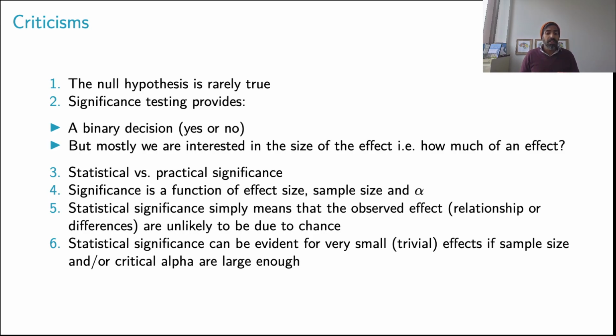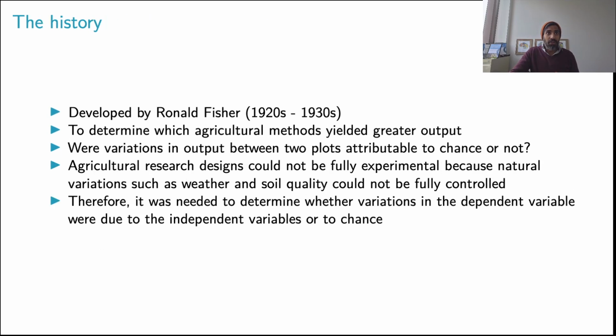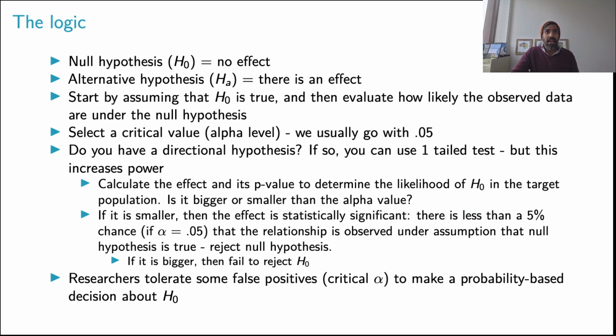The first is that significance testing doesn't tell you anything about the alternative hypothesis. The alternative hypothesis is that there is an effect. But when you're doing significance testing, there are two options. One is that you reject the null hypothesis, so your p-value is less than 0.05, or you fail to reject the null hypothesis.